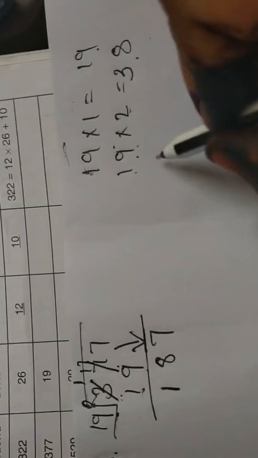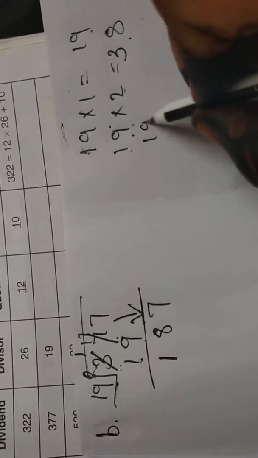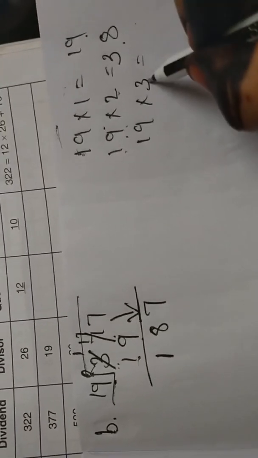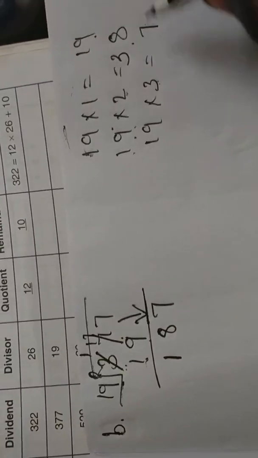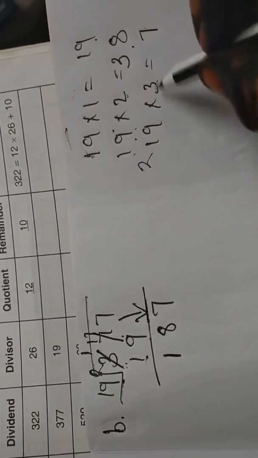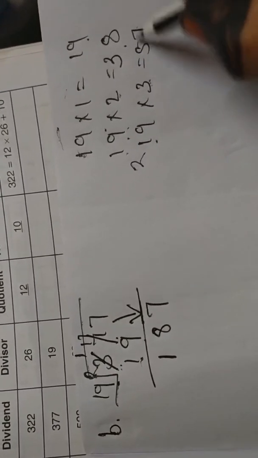Now students, we have to write the table of 19. 19 threes are 3 nines are 27. We have to write here 7. 2 is a carryover. 3 ones are 3. 3 plus 2, 5.